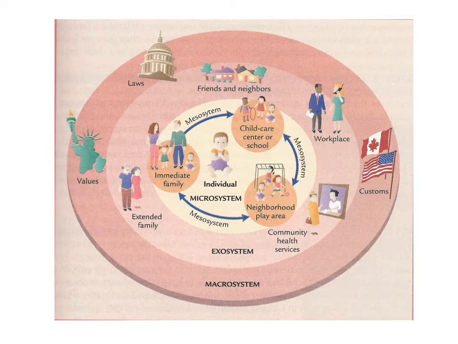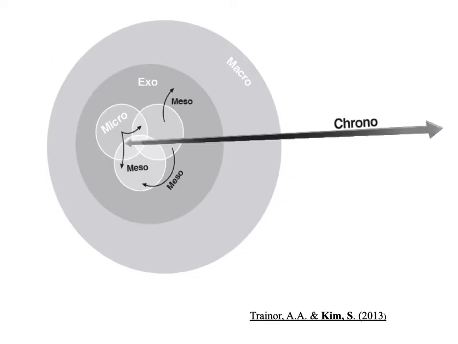Specific national culture, for example, in my case, Korean culture, Korean American culture, will affect my life, the quality of life, and my own culture. As you see in this figure, the chronosystem is the passage of time. So as time goes by, the culture is developing, changing, and also being modified.